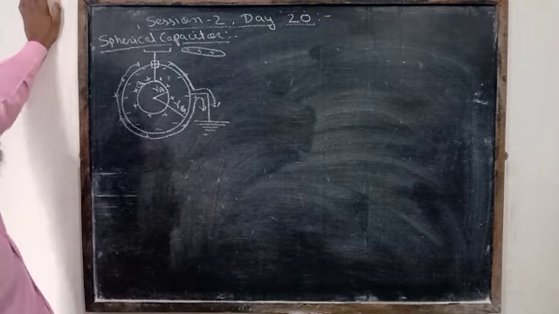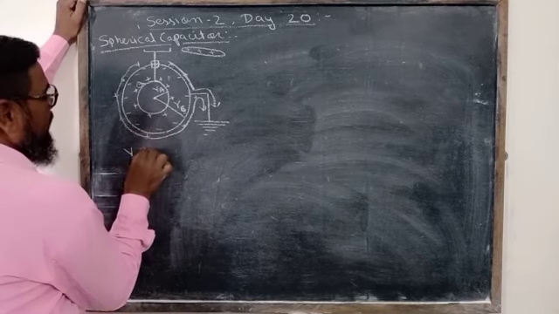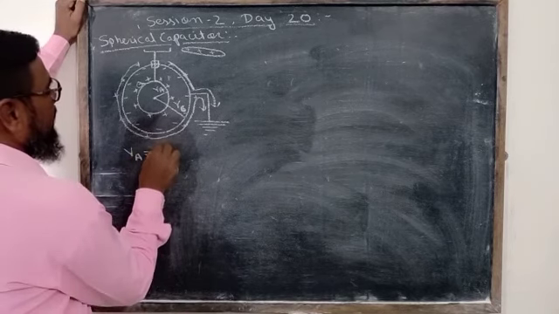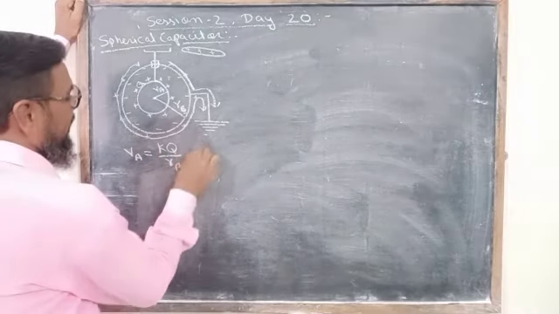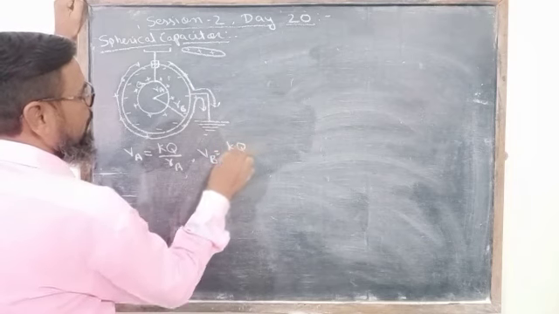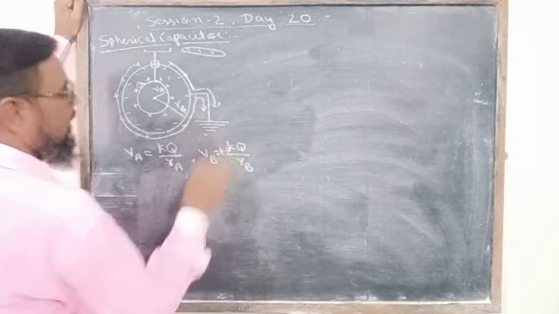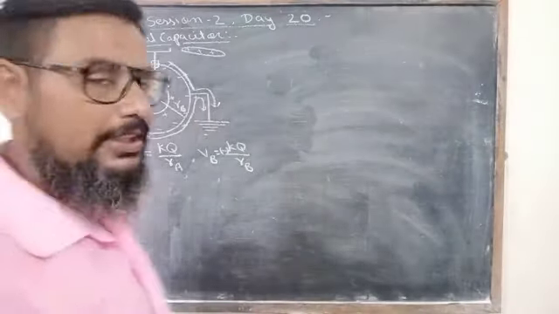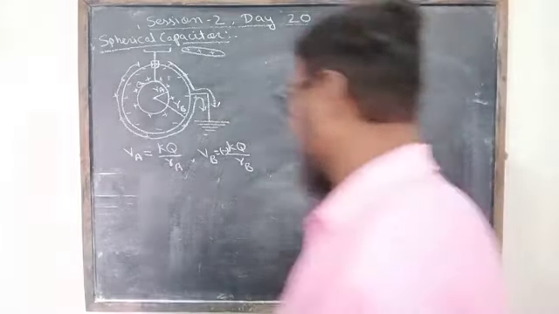Now we shall consider that the potential at the first sphere is VA equal to KQ upon RA, and VB is equal to KQ upon RB. This is with a negative sign because this potential is developed with minus Q charge.